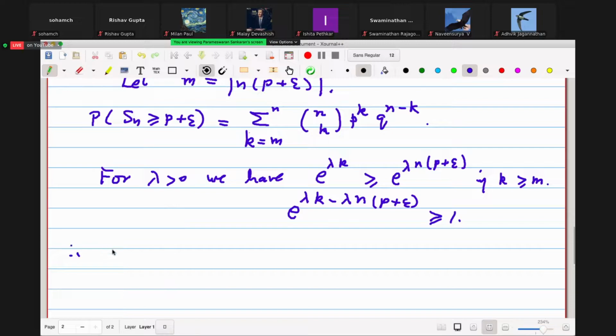Therefore, the probability of Sn bigger than or equal to p plus epsilon is less than or equal to the summation, k equals m to n. Here this is going to be split in the following manner. So e power minus lambda n epsilon you keep outside. Can't do anything with that.